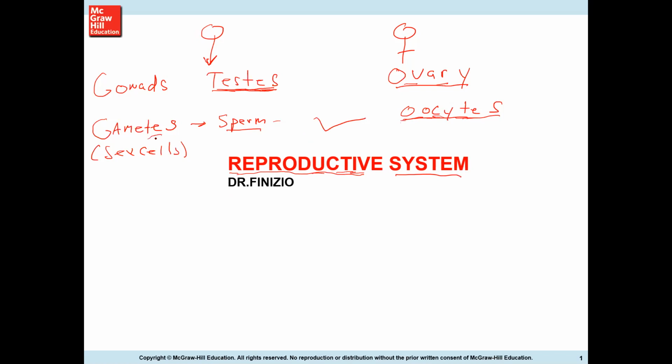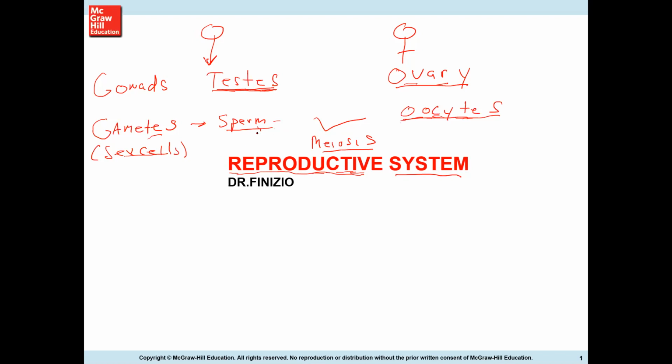Sex cells, gametes, don't undergo mitosis. I mean, they do it first, the stem cells undergo mitosis. But in order for sperm and oocytes to divide their nucleus, they undergo what's called meiosis. That's sex cell nuclear division.